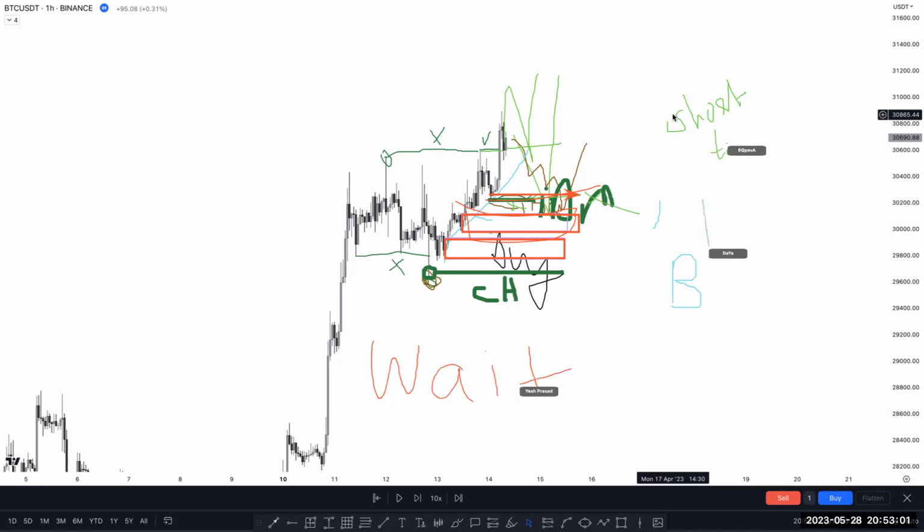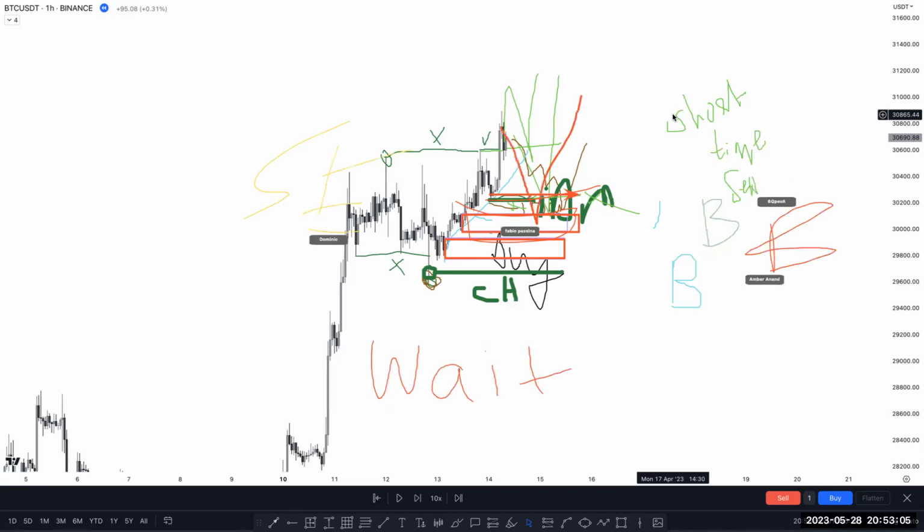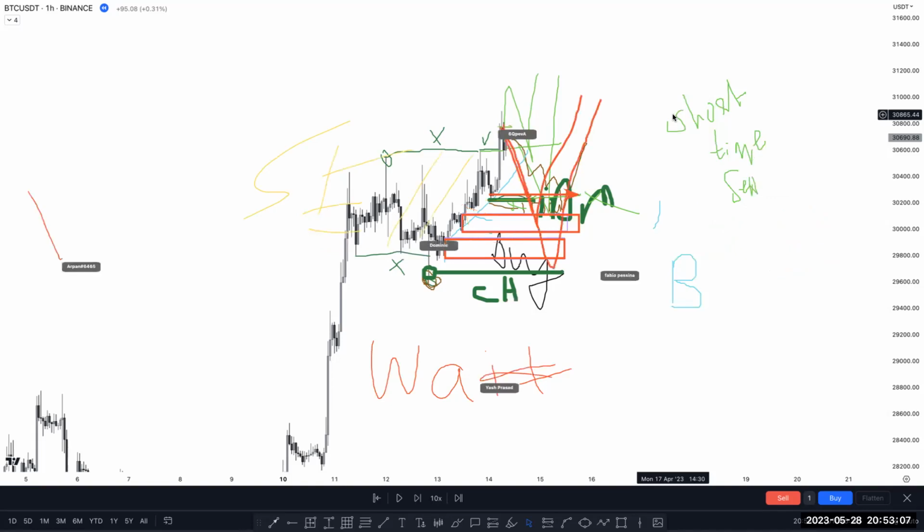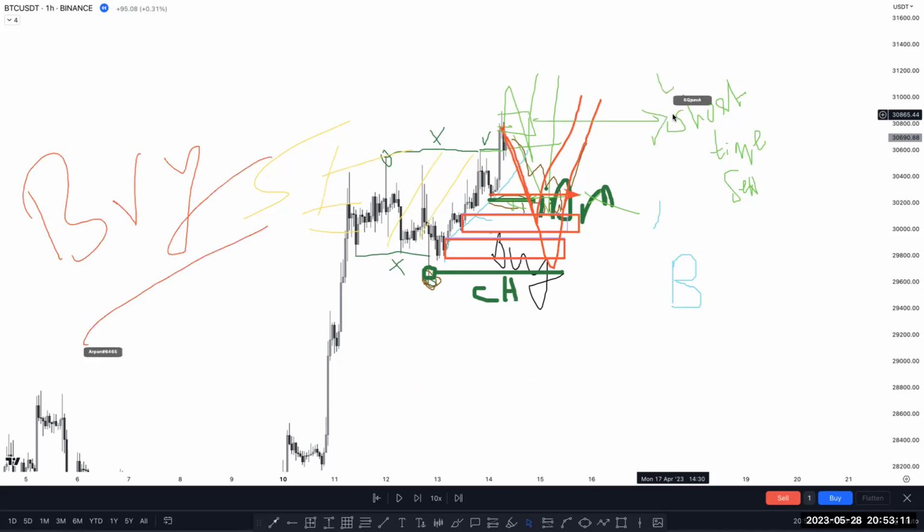Okay, if you are planning to short, then why are you thinking you should sell here? Right now there is no confirmation. Everything is bullish. There is still no confirmation for the sell, right? Structure is bullish. Everything looks bullish. Then why are you looking to sell here? I want to ask you.